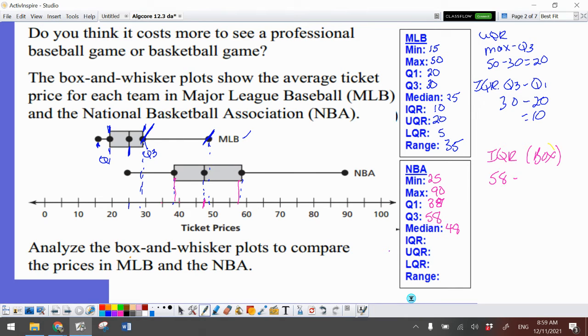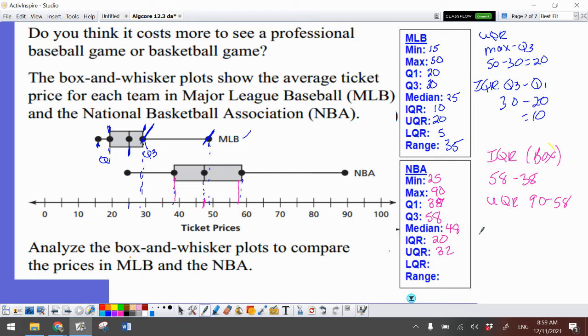So 58 minus 38, that means my box is 20. The UQR is our maximum minus our Q3. Our max was 90, 90 minus 58, so the length of that whisker is 32.